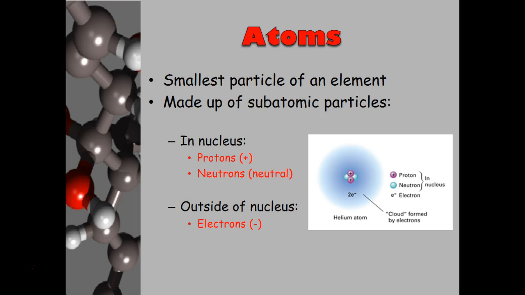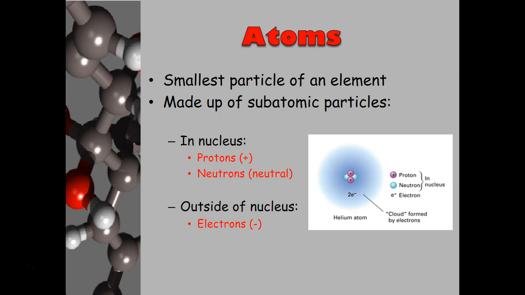So when we look at an atom, you've got 2 major structural components, or spaces, that exist in an atom. You've got your nucleus in the center, and that's where we're going to house your protons and your neutrons, right? Protons have a positive charge. Remember, your neutrons are neutral, so no charge to them.